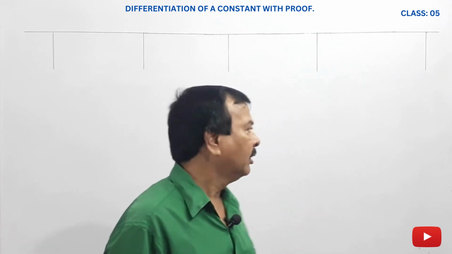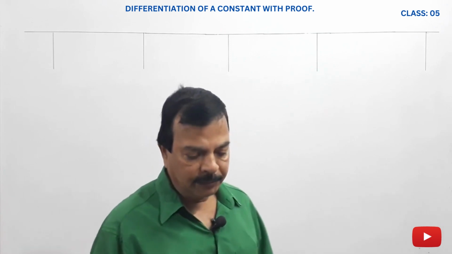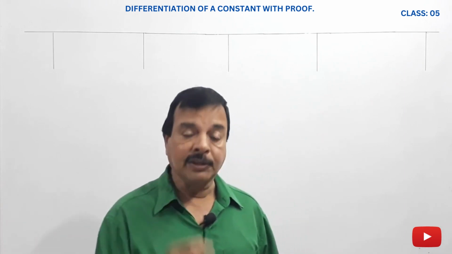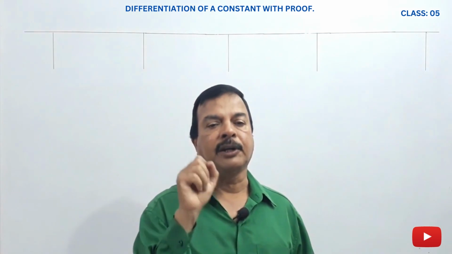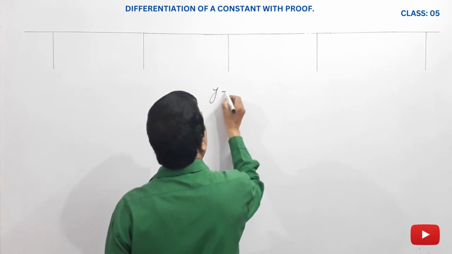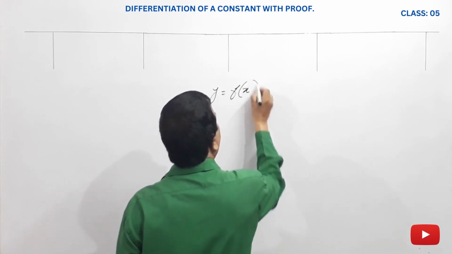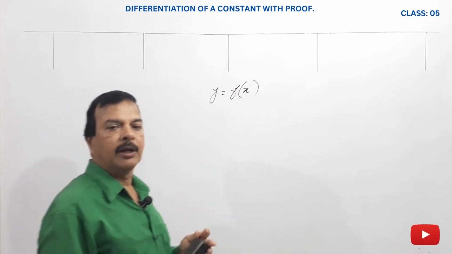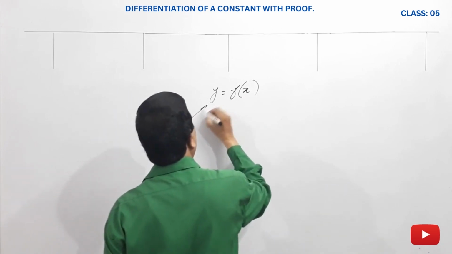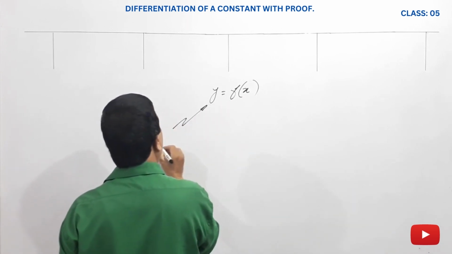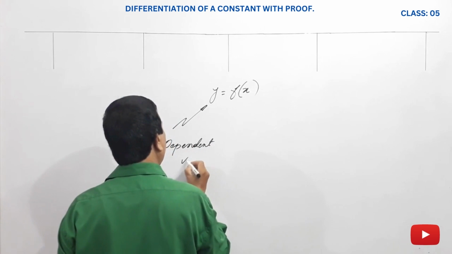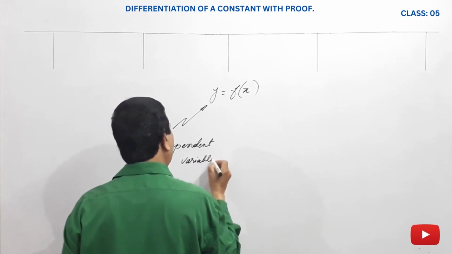So let's start. To begin with, let me refresh you. I have told you the definition of differentiation. Differentiation is a process to find a derivative of a given function. So for instance, if you are given y equals f of x, y is the given function. Here y is a dependent variable.